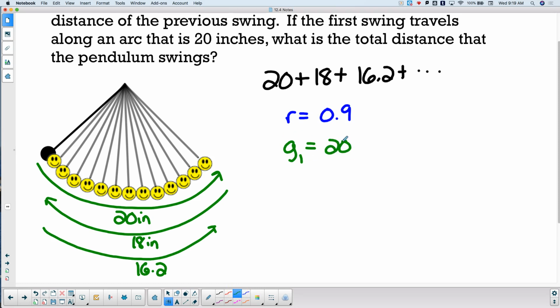Is it an infinite sum? Yes, because it's going to keep going on forever, until it eventually stops. Technically, scientifically, if I swung my keys and it keeps going and going, it's still moving.